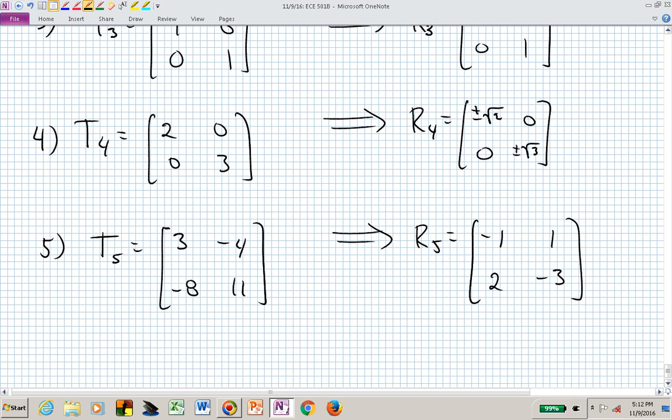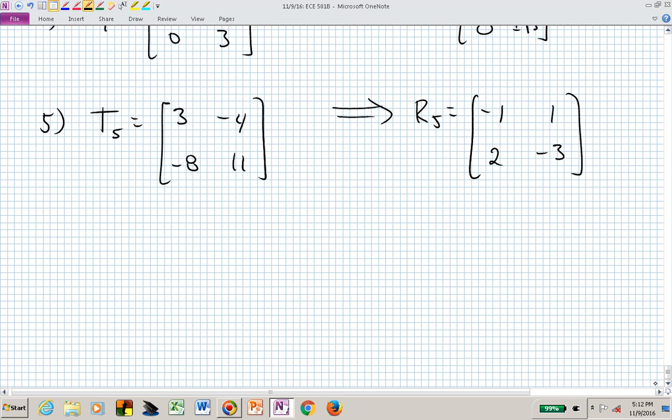You can verify that tonight. That looks a little different, doesn't it? I don't have any square roots of anything that looks similar on the left. But if you now multiplied R5 times itself, you'll produce T sub 5.